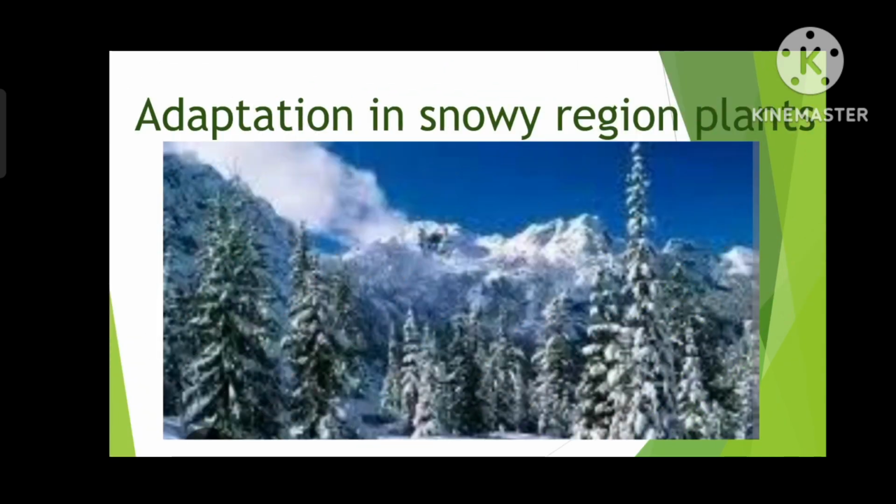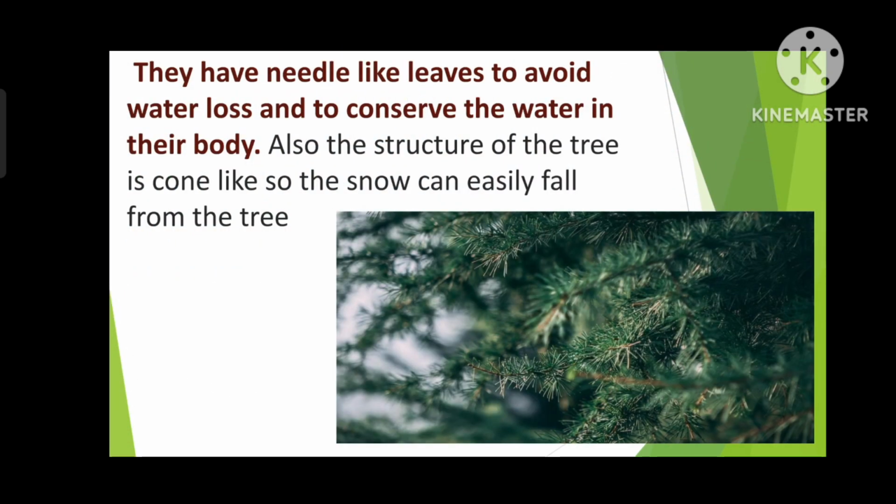What is the adaptation in snowy region plants? They have needle-like leaves to avoid water loss and to conserve water in their body. Also, the structure of the tree is cone-like, so the snow can easily fall from the tree.